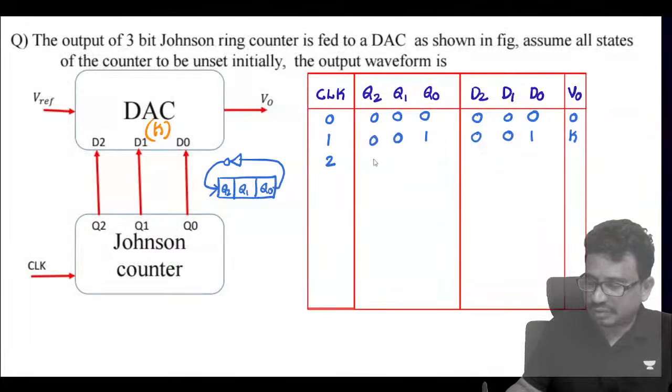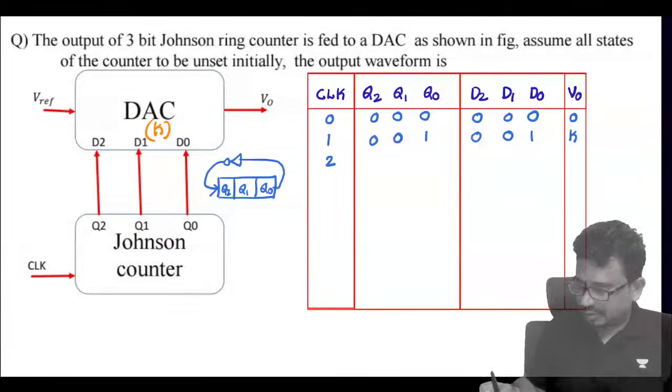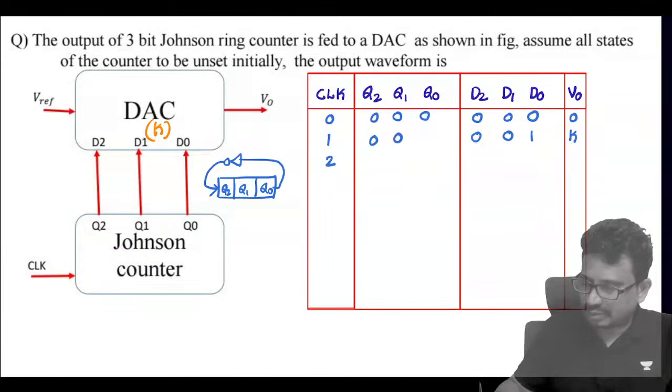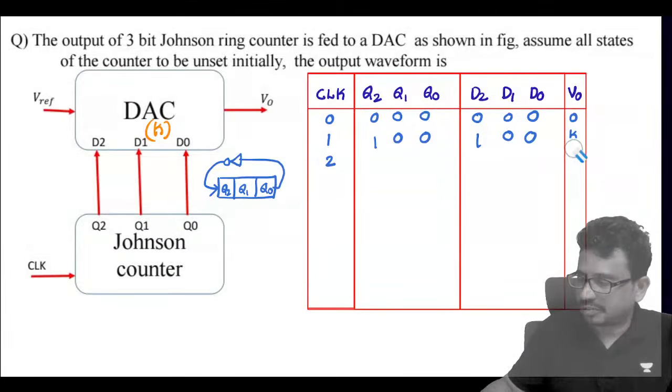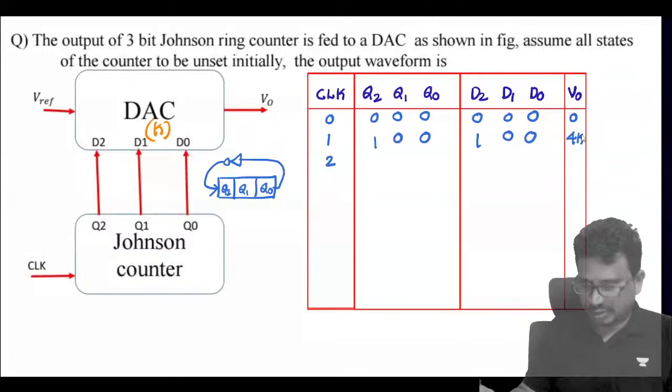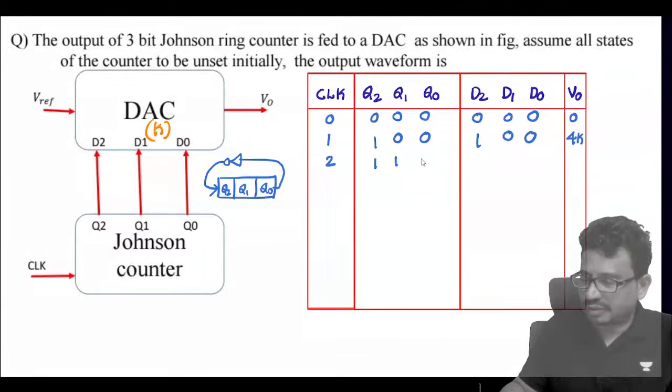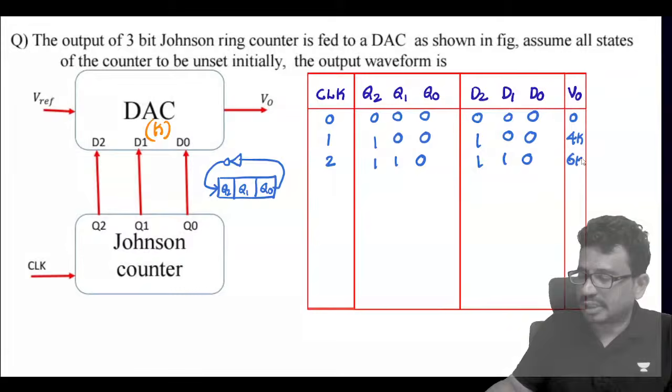Second clock, what will come here? This is 1 0, this is 1 0. Now that means this is 4k. Next will come 1 1 0, which is 6k.